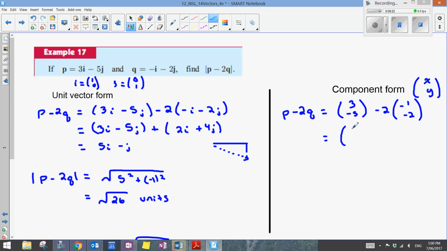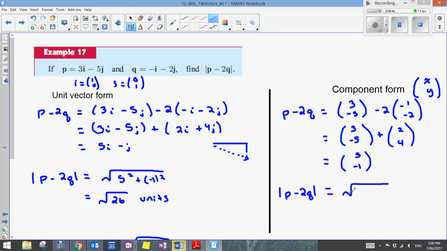Again, I can multiply my scalar, so I'll have 2 and 4. Then if I put those two together, I wind up with 5 and -1. So again, I can find my magnitude. I'm using the exact same values for my x component and my y component. So we take the square root of 5 squared plus -1 squared, and I still wind up with the square root of 26.